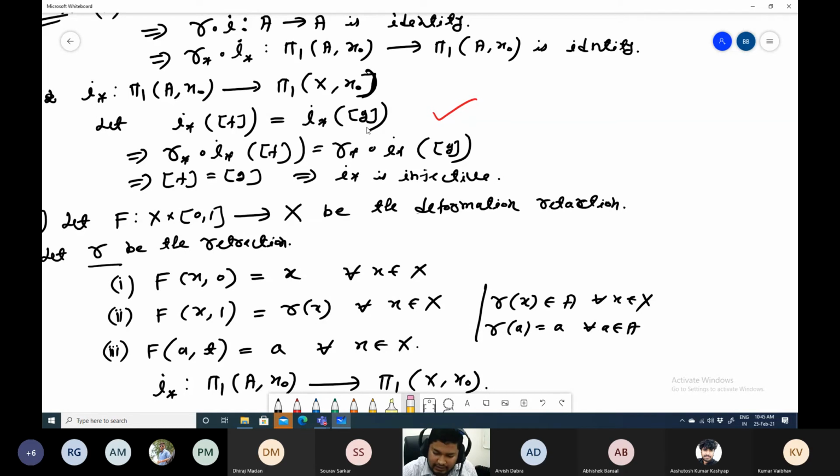For an example, you can take the circle, and suppose it is embedded in R2.